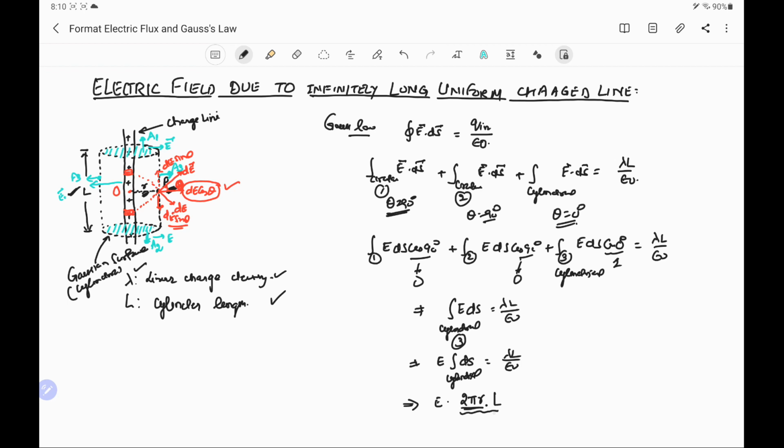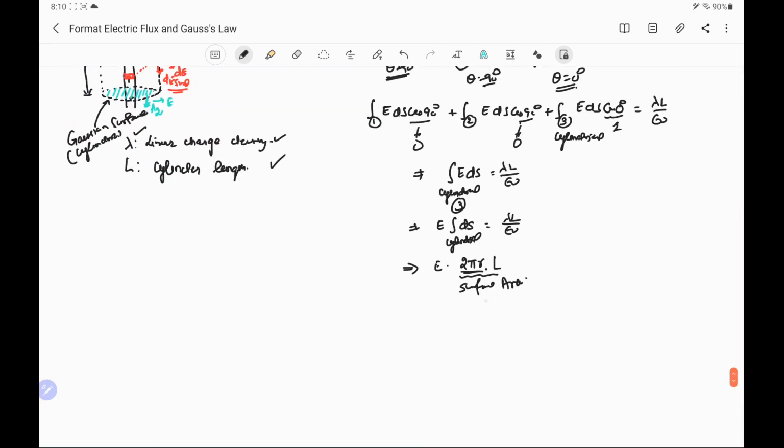This is the surface area of the cylindrical surface, so E times 2 pi r L is equal to lambda L by epsilon naught. Here we see that L can be cancelled out, so E will be equal to lambda by 2 pi r epsilon naught, or we can say E equals lambda by 2 pi epsilon naught r.